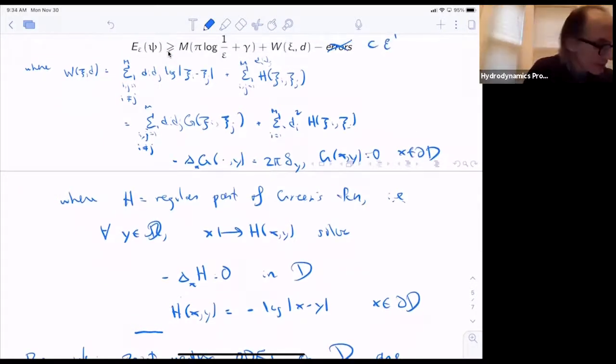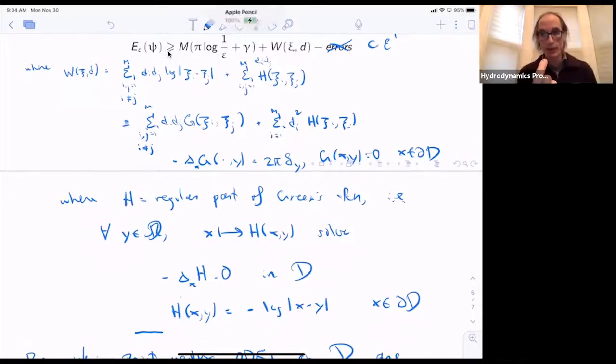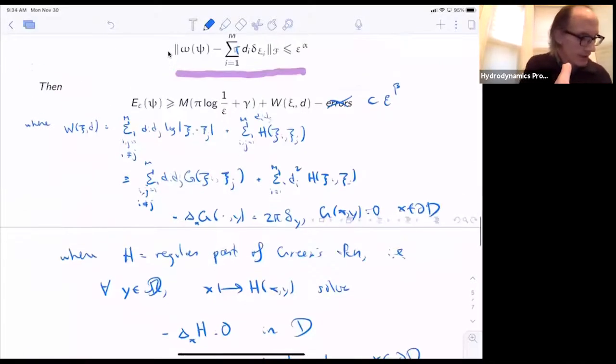It's easier to understand the equation this way. And so what happens is that each vortex generates a flow whose, I'm sorry, I'm getting this all wrong.